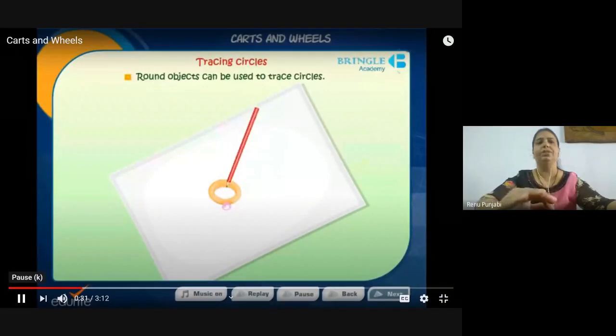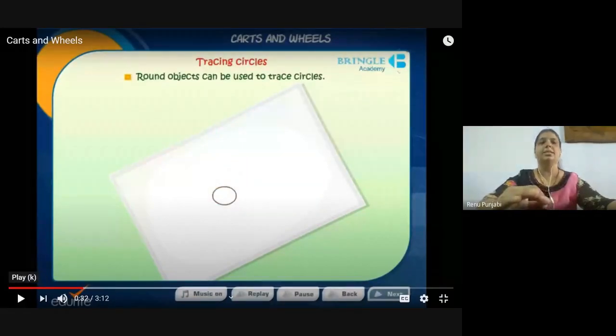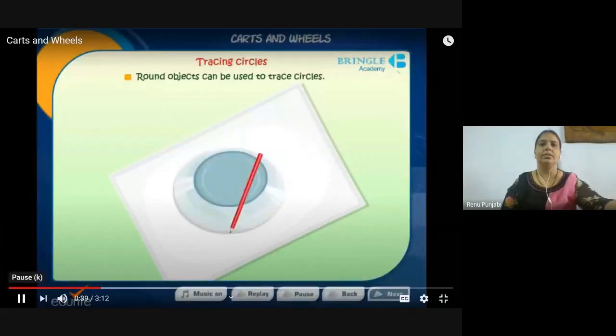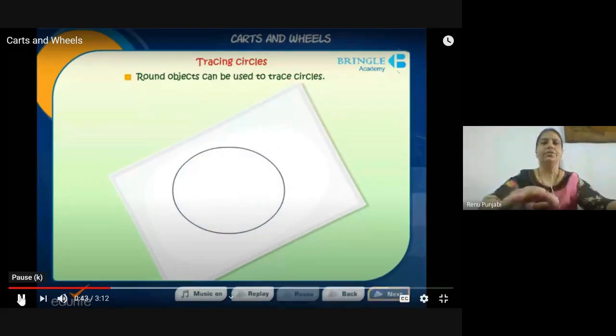This also we have done. We have also traced the circle with round objects in our past classes. If you take this small round object, you will get the small circle. If you take the big round object, you will get the big round circle.